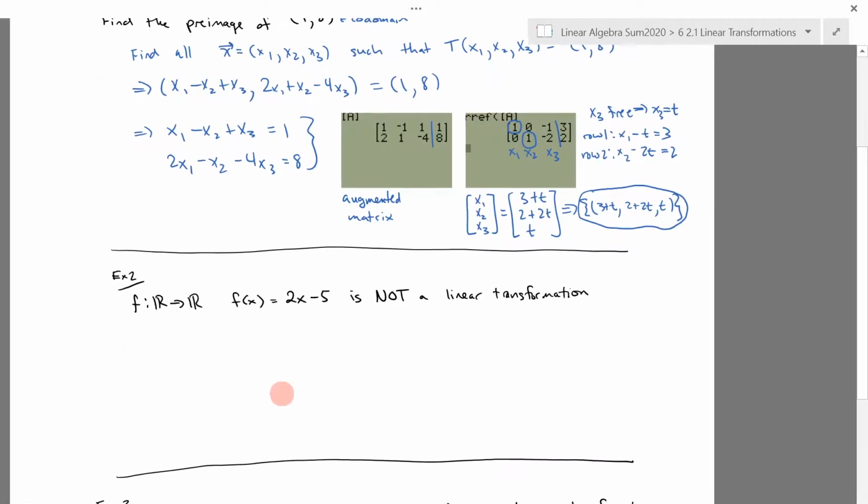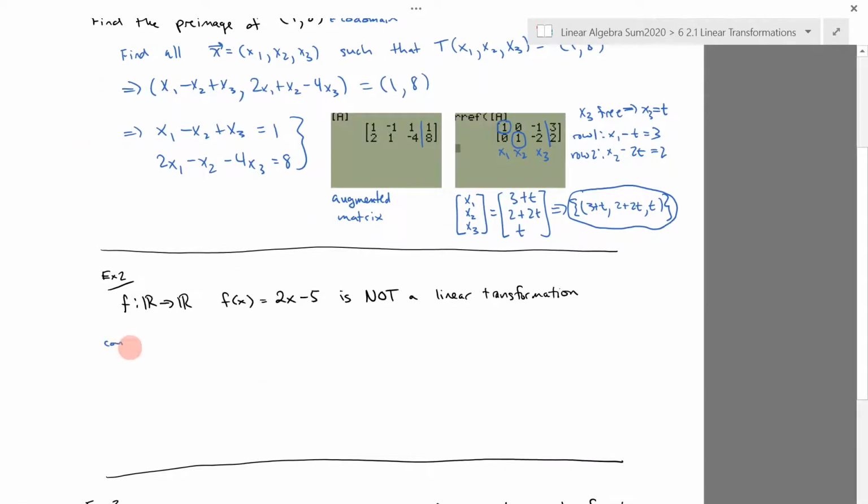So the two conditions. Condition 1: say I calculate f of x1 plus x2. What is this? This just goes in for x, so it's 2 times x1 plus x2 minus 5, which is 2x1 plus 2x2 minus 5.